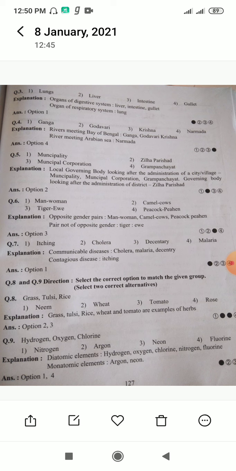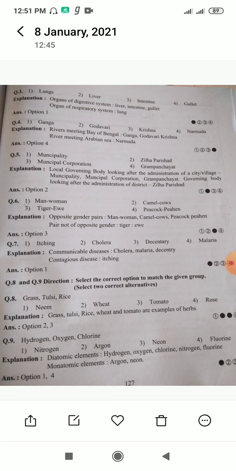Then question number 4: Ganga, Godavari, Krishna and Narmada. Of these, the rivers meeting the Bay of Bengal are Ganga, Godavari and Krishna, but Narmada goes towards the Arabian Sea.